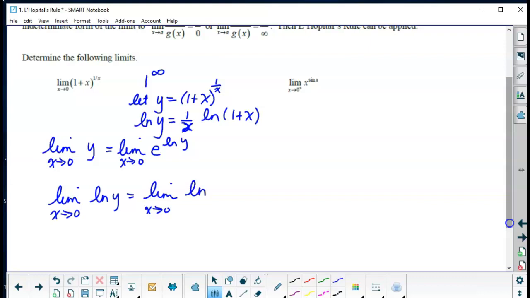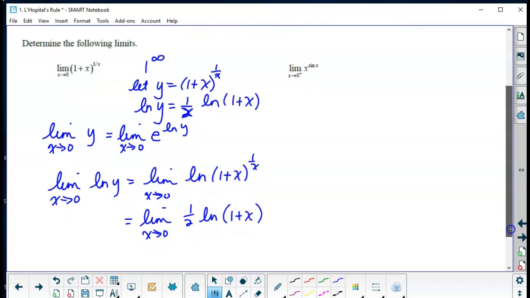Because now we're going to substitute in ln of y, which we said was 1 over x times ln of 1 plus x. Okay, remember we can show that using our log laws as that.